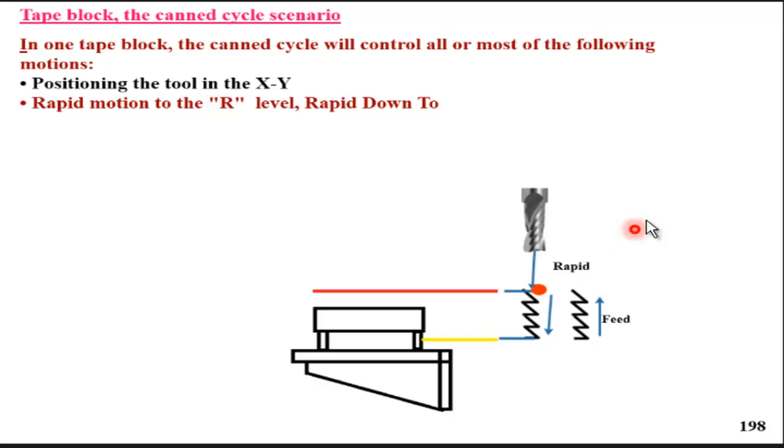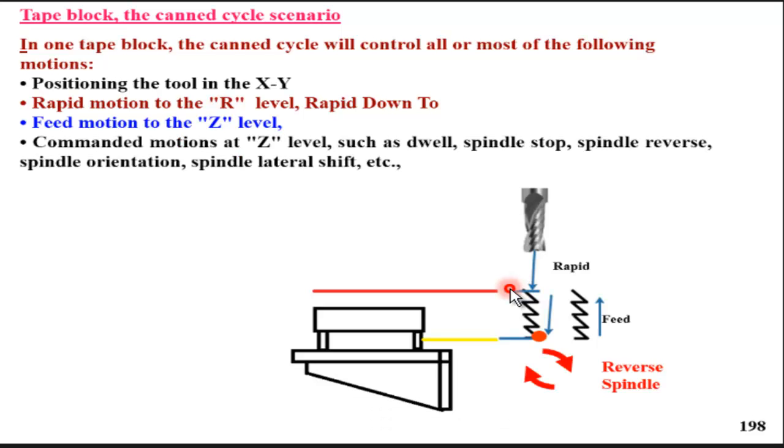So first of all, we bring the tool to the XY position, to the initial level, then rapid motion to the R level. Then the feed will start. Feeding motion to the Z plane. So from the R level to the Z plane, there will be a feed motion. It will not be a rapid motion.